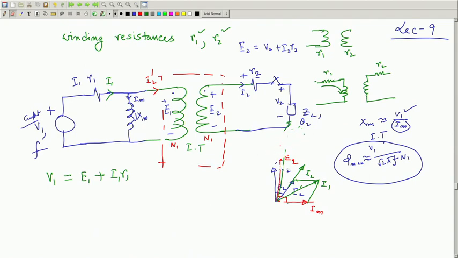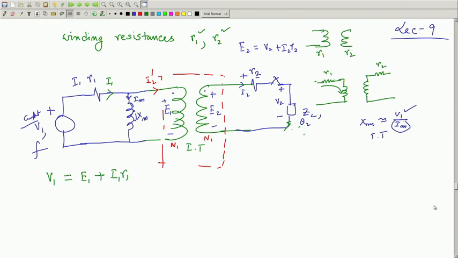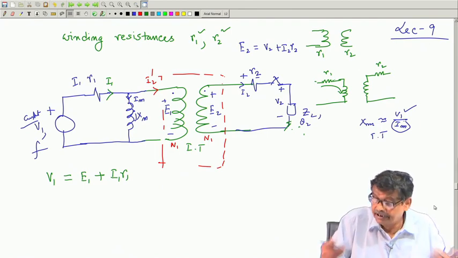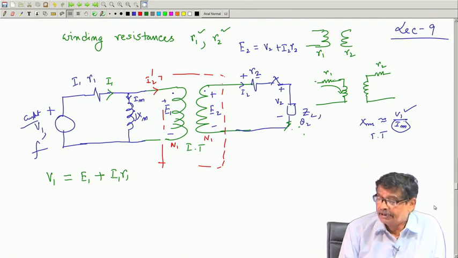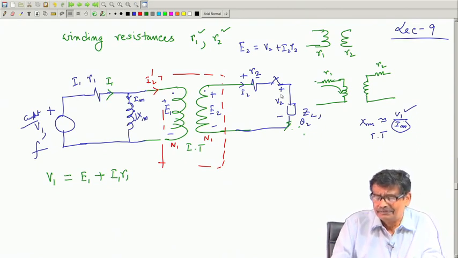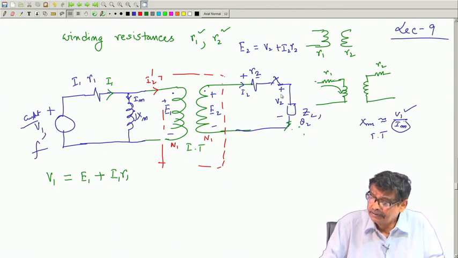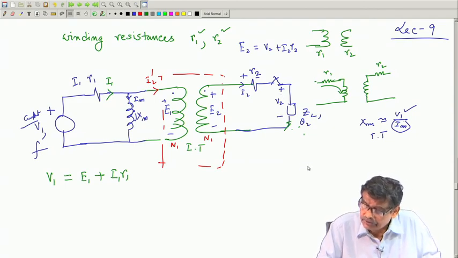The idea is very important, you must keep this in mind. So, I am redrawing once again very quickly. You have closed this switch, this circuit is operating.